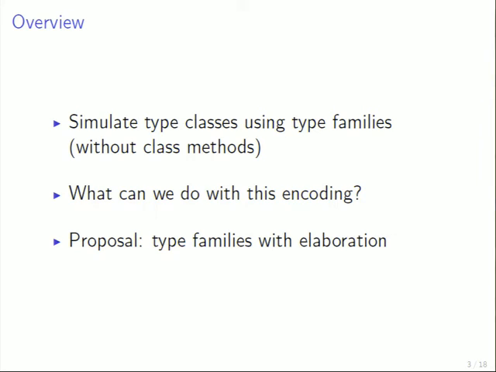In the middle segment of the talk, I'll be telling you about what we can do once we have this kind of encoding. And in the last bit, I'll give you two ways of how to introduce class methods, because that's what type classes are all about. In particular, I'll give a proposal of what we can do if we, for example, have something like elaboration for type families.